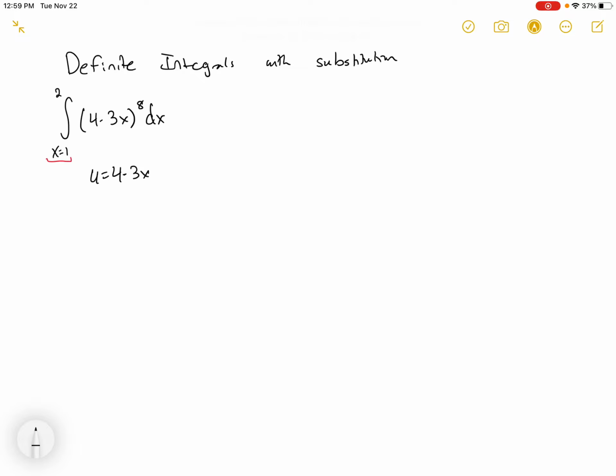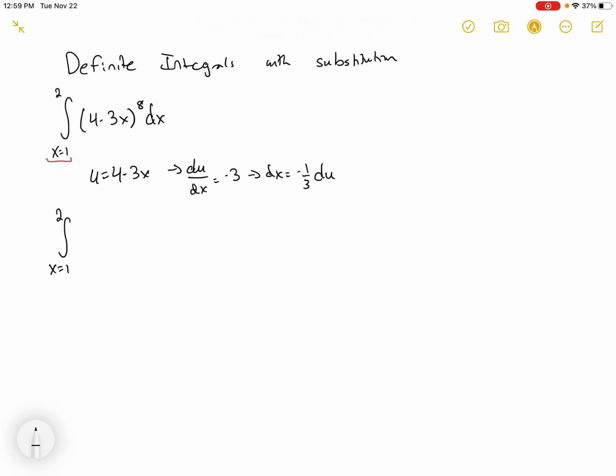If u is 4 minus 3x, then du/dx is negative 3, or dx is negative 1/3 du. You just solve for dx there, divide by negative 3, and you get something like this. We can then rewrite our first integral, and I'm going to purposefully write these limits from x equals 1 to 2, even though that won't make a lot of sense.